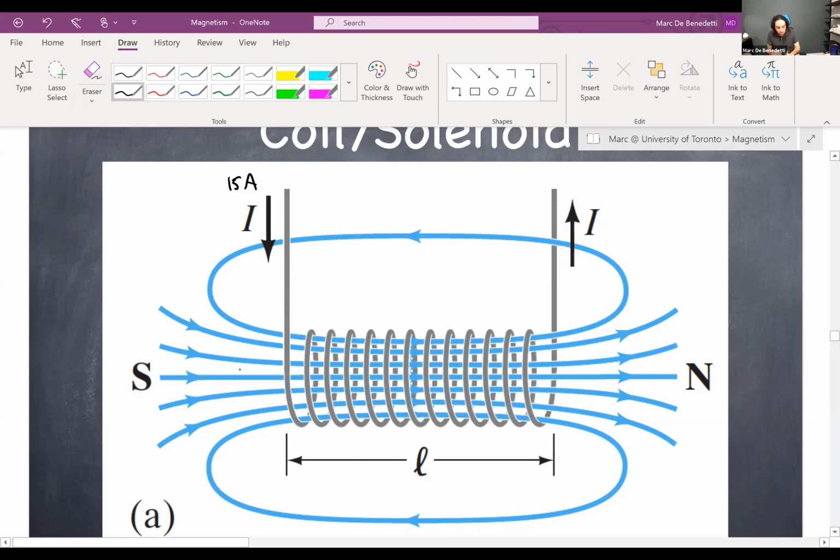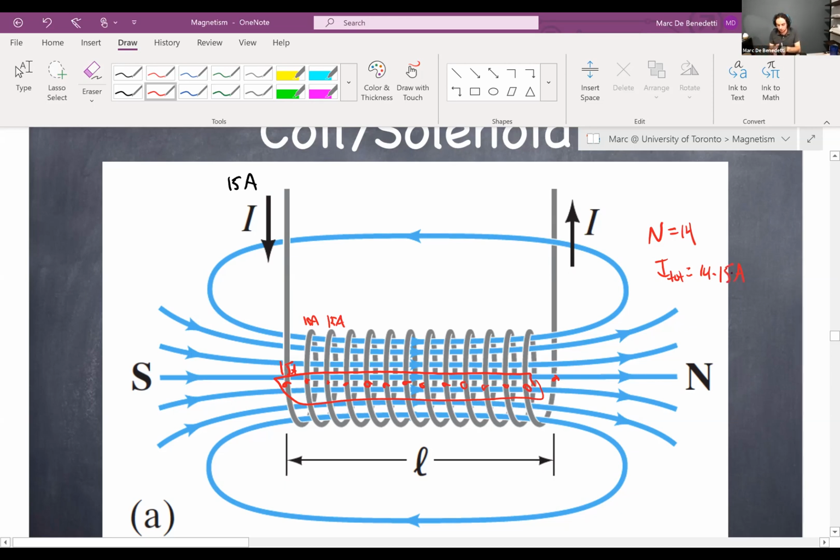However, using Ampere's law, if you encompass this as your Amperian loop, then you're going to have 15 amps, 15 amps, 15 amps. How many times are you encompassing 15 amps? 1, 2, 3, 4, 5, 6, 7, 8, 9, 10, 11, 12, 13, maybe 14, depending how you want to count. So in your math, N is equal to 14. So your total current, I total, is going to equal 14 times 15 amps.